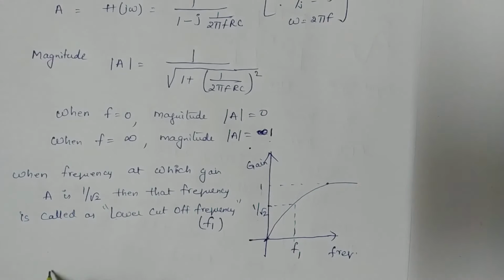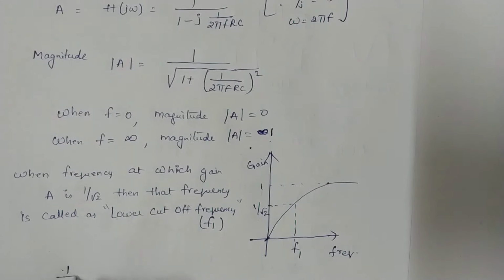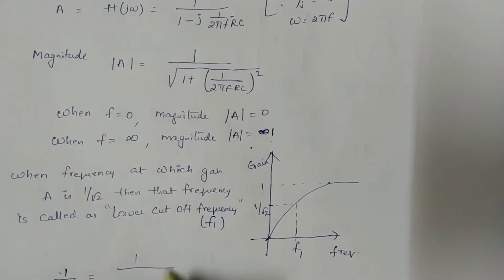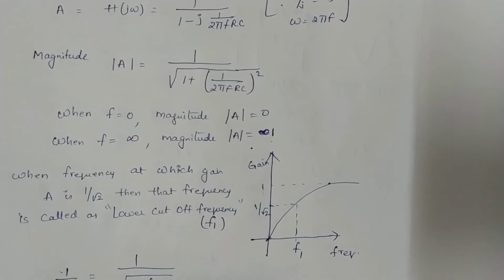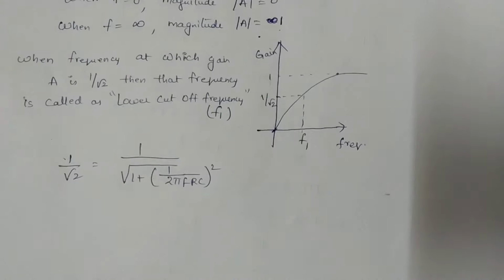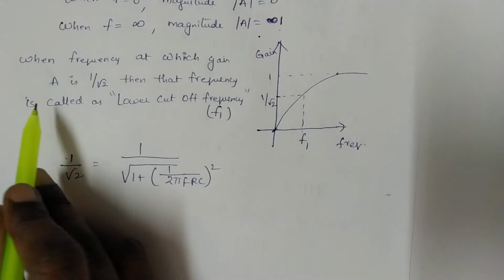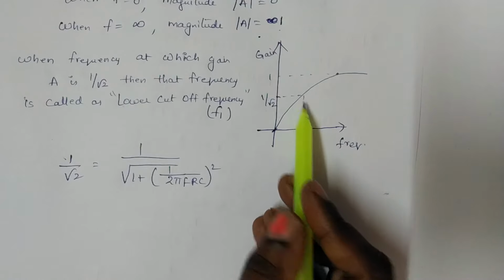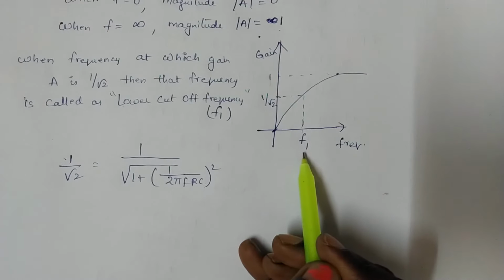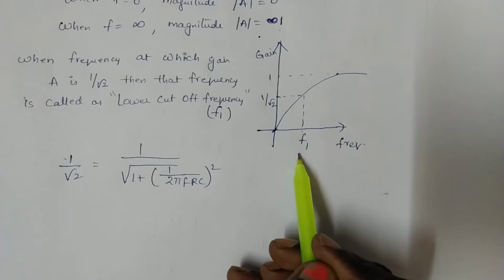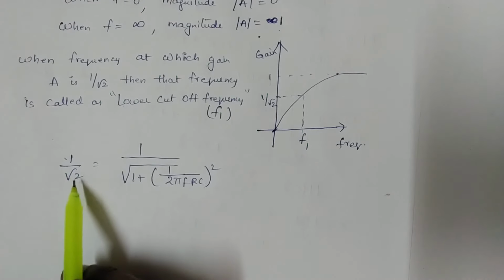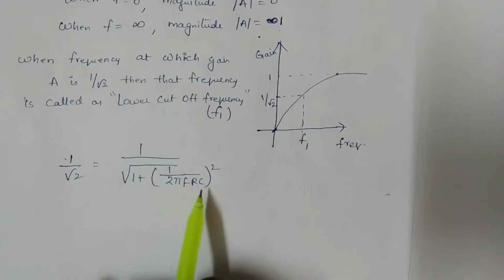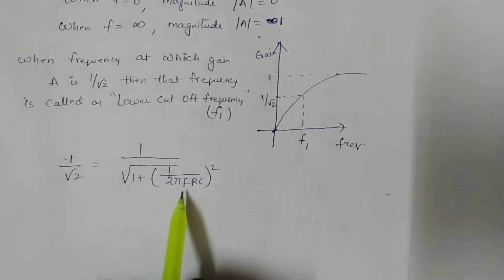Then we represent it as 1 by root 2 equals 1 by root over 1 plus (1 by 2 pi f RC) whole square. In the place of gain I am substituting 1 by root 2, at which the frequency is called the lower cutoff frequency. Now to find f1, we represent this frequency as f1.